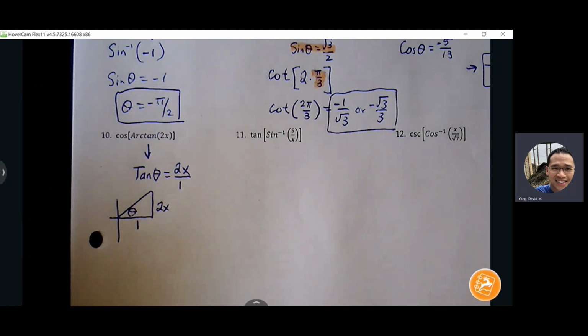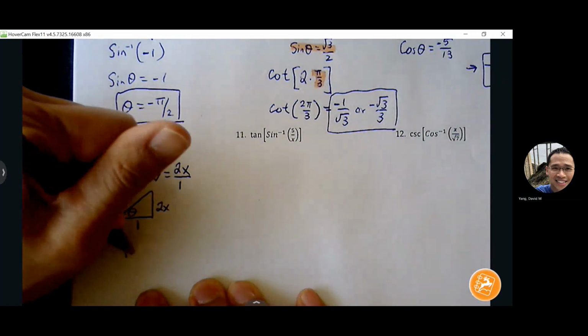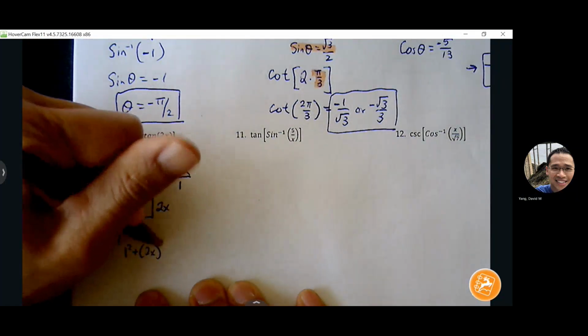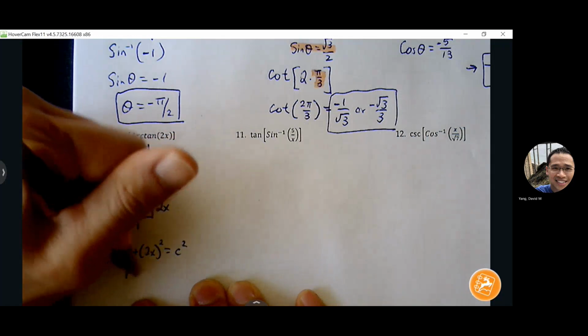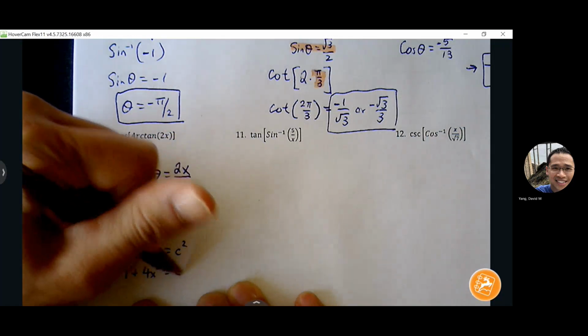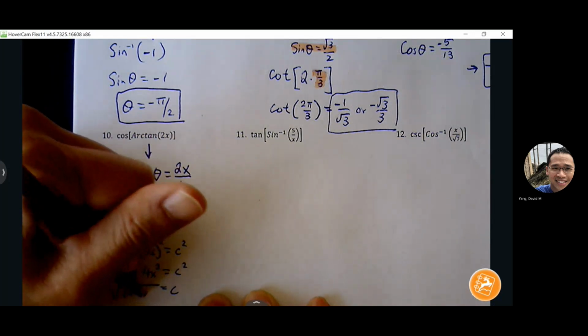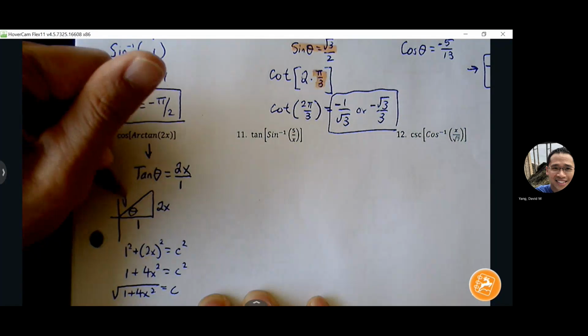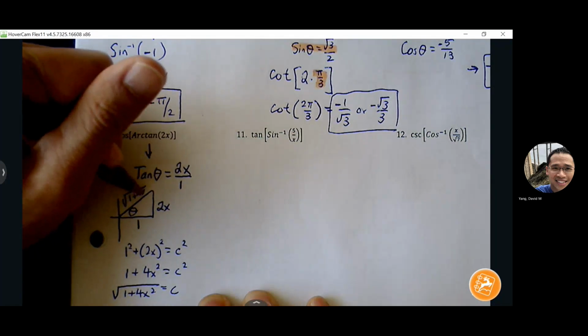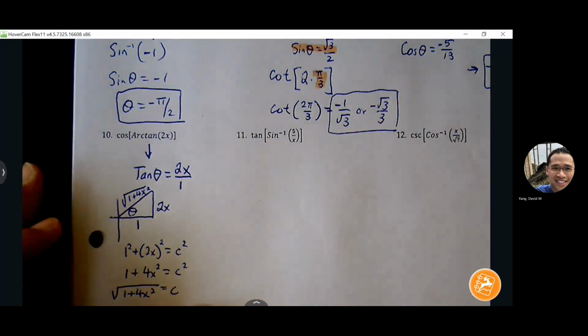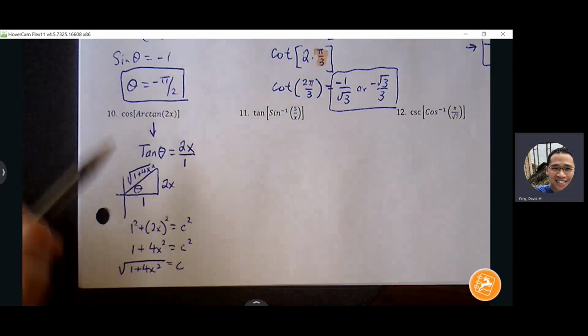Okay. A squared plus b squared equals c squared. Careful how you reduce this.